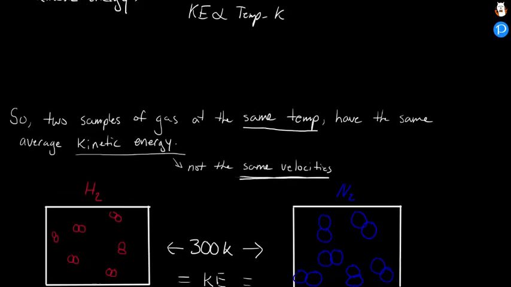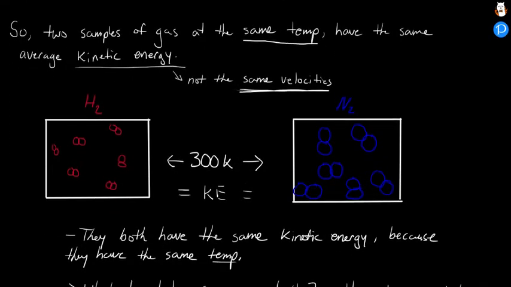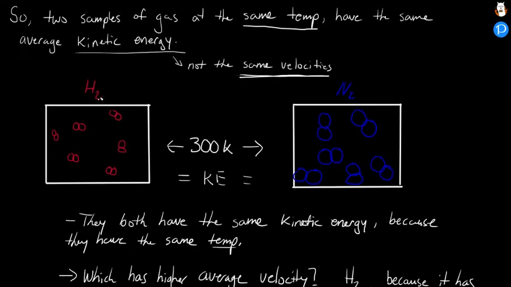Let's visualize this. So let's say I have some hydrogen gas, H2 molecules, in this container. Let's say these containers are the same size and they are at the same temperature. Since they both have the same temperature, they're both at 300 degrees Kelvin, that means the average kinetic energy of both of these is the same.